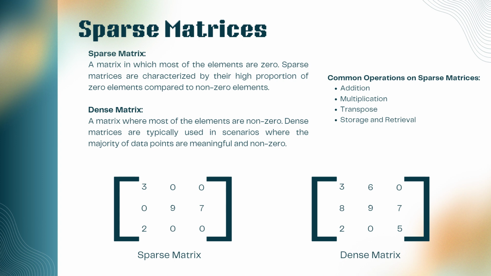Dense matrices are typically used in scenarios where the majority of data points are meaningful and non-zero. As shown in the below examples, we can differentiate a sparse matrix and a dense matrix. The most common operations on sparse matrices are addition, multiplication, transpose, storage and retrieval of values.